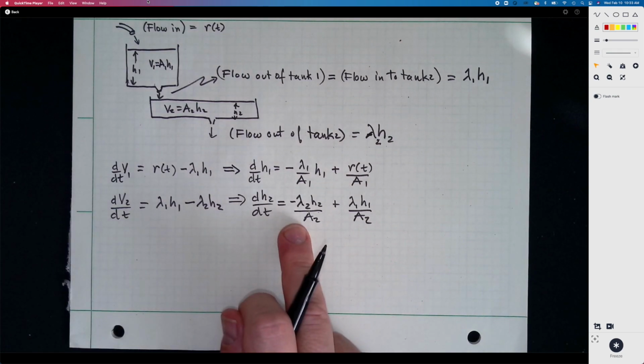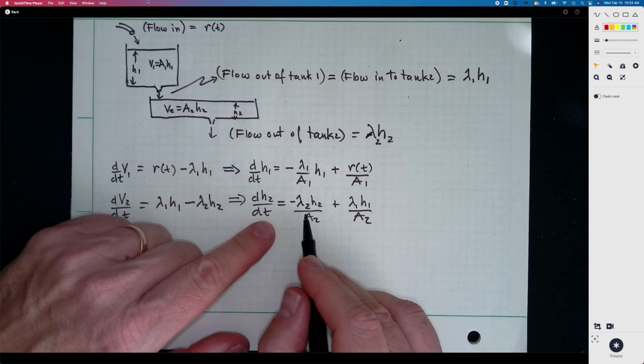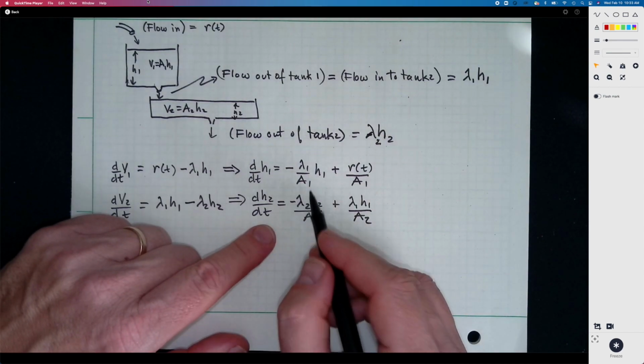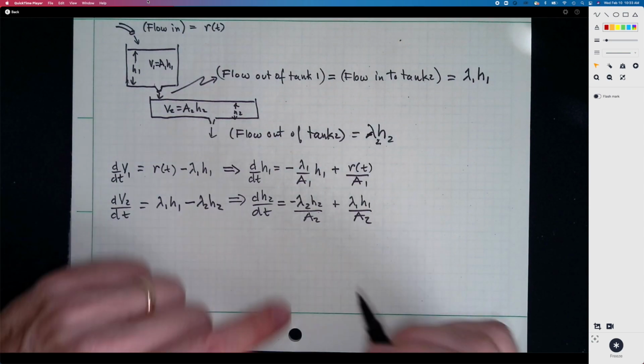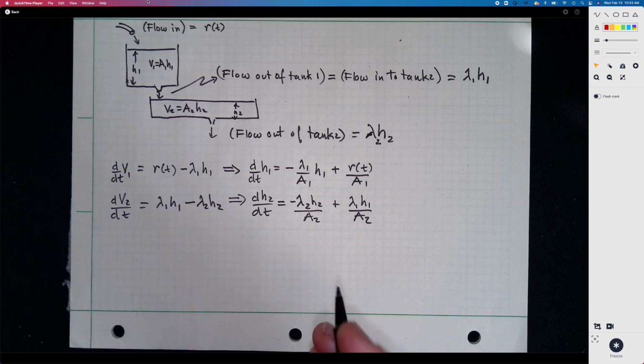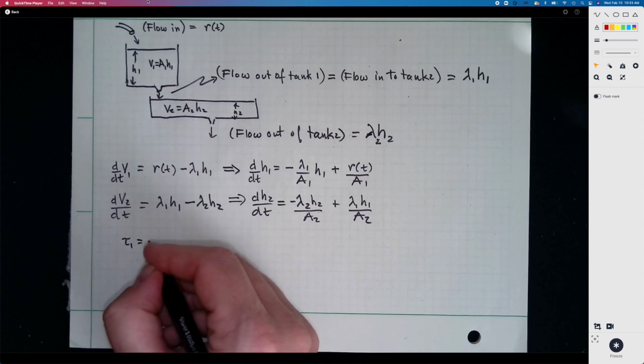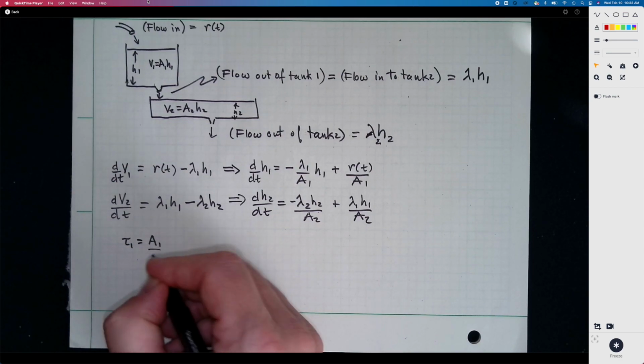All right, so we can now rewrite this system of equations into matrix form, but before we do that, I want to introduce some new constants to make the writing of the equations simpler. Let's define the first time scale, tau 1, equal to A1 over lambda 1.